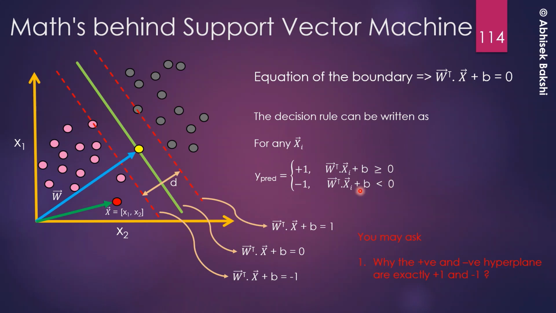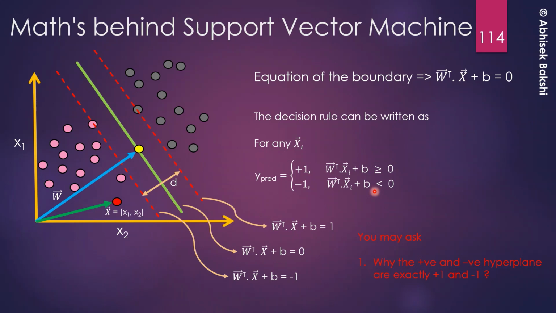It means you see here that I will consider y pred equal to +1 when this result is positive. Forget about +1 and greater than 0. See, y pred is positive if this multiplication plus b is positive, and y pred is negative if this particular expression is negative.